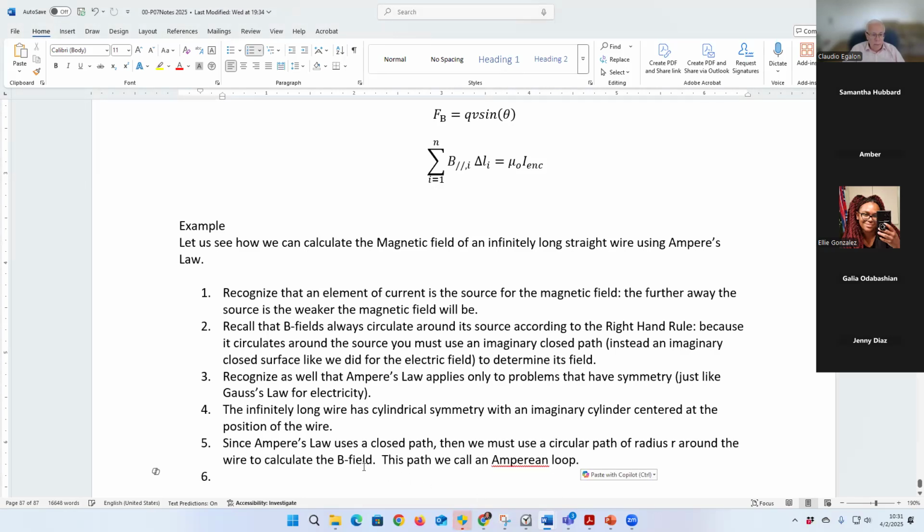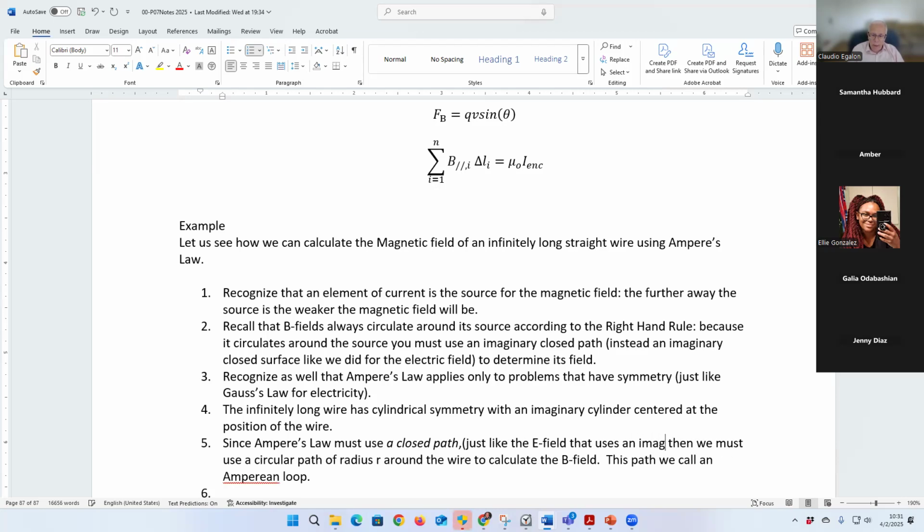Ampere's law must use a closed path loop, just like the electric field uses an imaginary closed surface, okay?